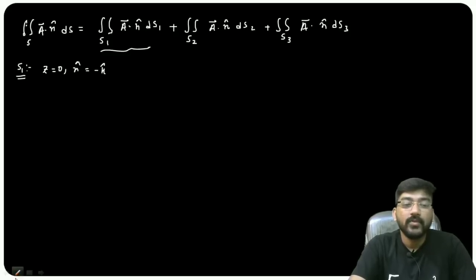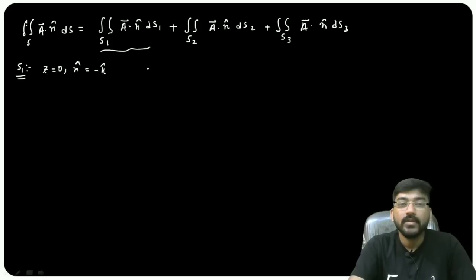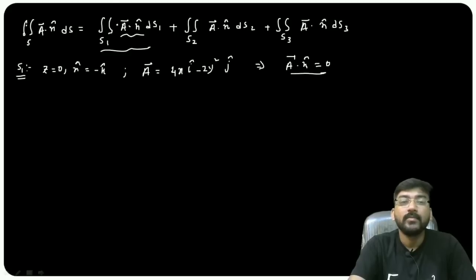When you put z is equal to 0, then this term will vanish. So it will be just the vector 4x i cap minus 2y square j cap. There is no k cap. So when you take a dot n cap, it will be 0. That means this surface integration will be 0.